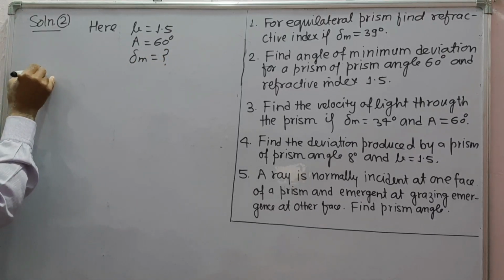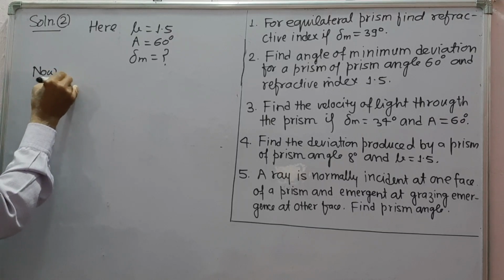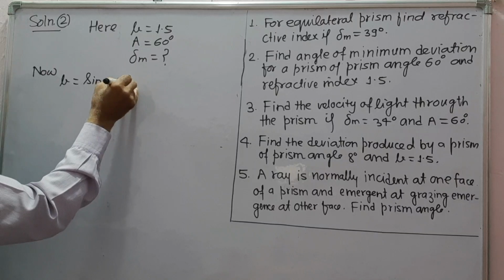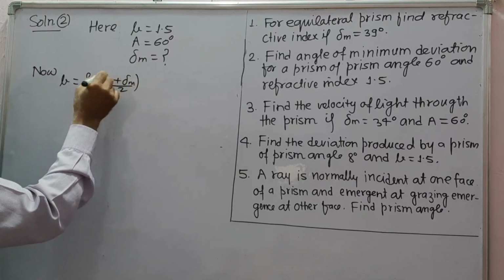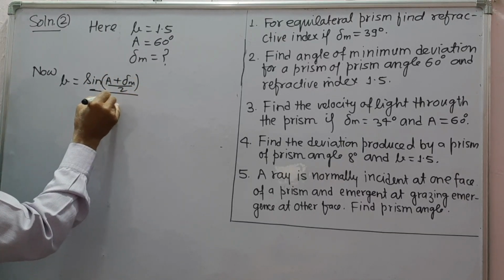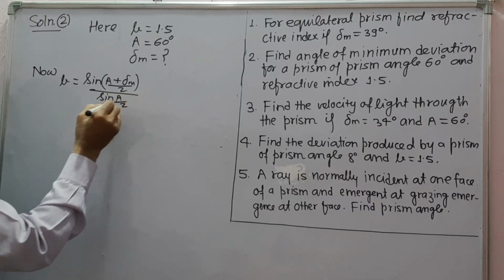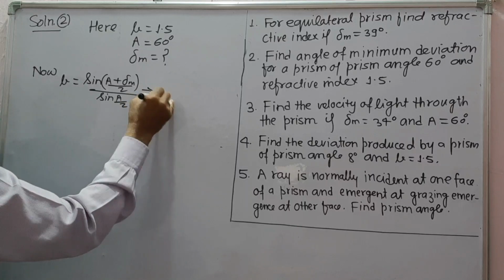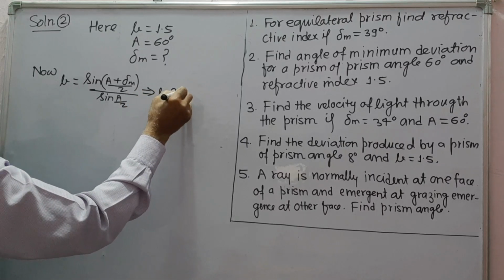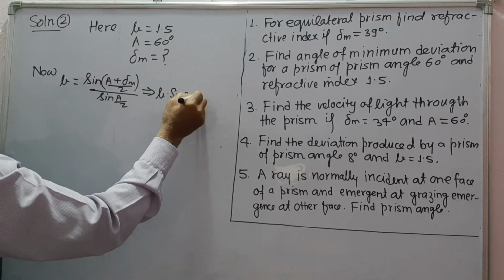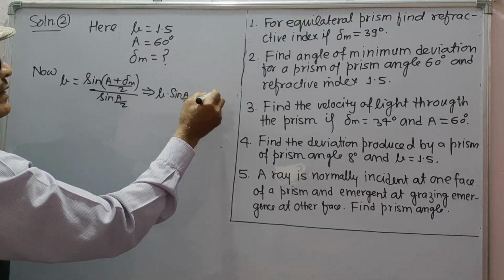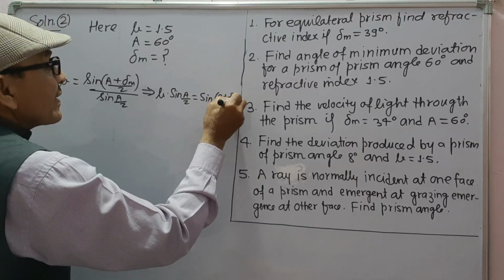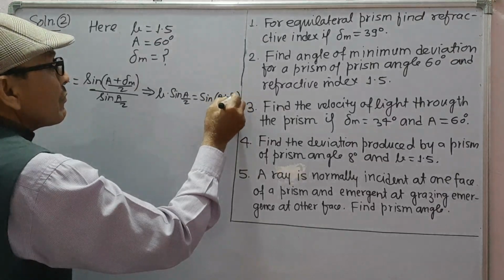Now mu is equal to sin (A plus delta m) by 2 upon sin A by 2, which gives mu into sin A by 2 is equal to sin (A plus delta m) by 2.